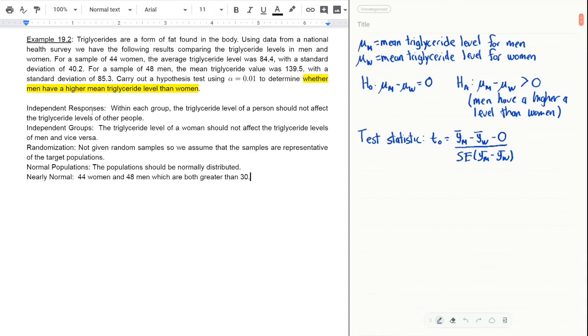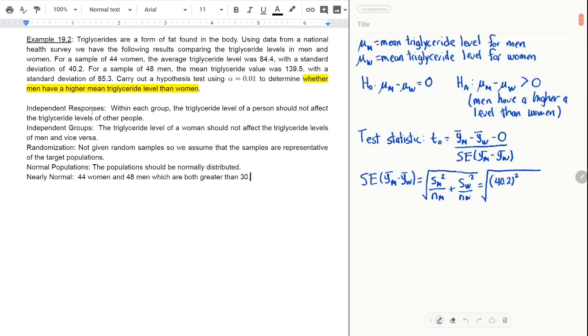So now to find the standard error, we will take the square root of the standard deviations squared divided by the sample sizes. So the standard deviation for the men is 40.2.